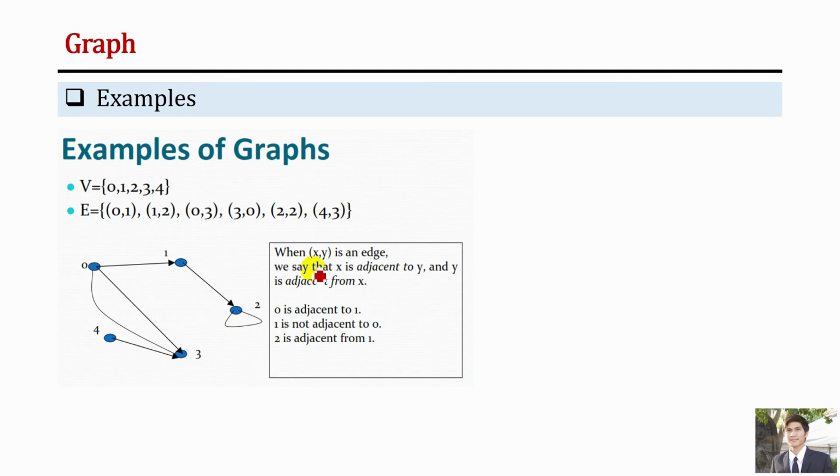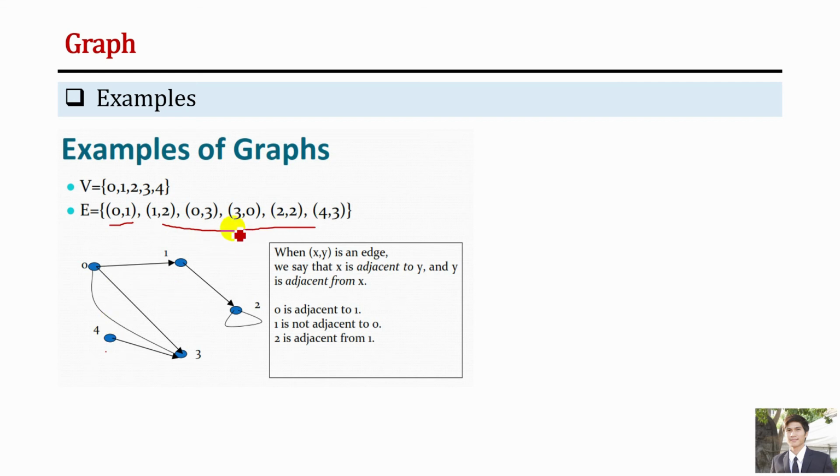And here's an example of a graph. We have 5 vertices, numbered 0 until 4: 0, 1, 2, 3, 4. Talking about the edges, we have 0, 1: from vertex 0 to 1, this is one edge, and we have more edges connecting them together.